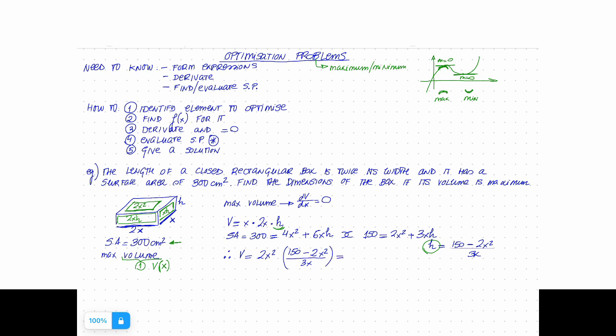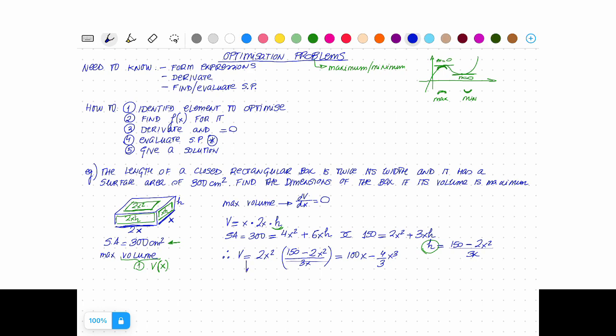I'm just going to simplify in here. That's going to give me 100x minus 4/3 of x cubed. And now that I've got v of x, volume only in terms of x, I can derivate. And that's a polynomial.